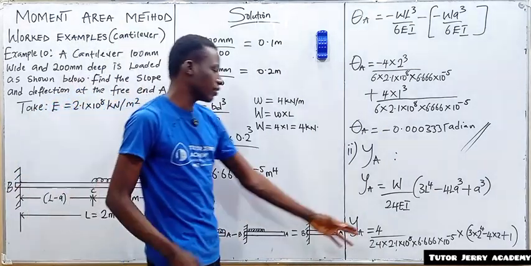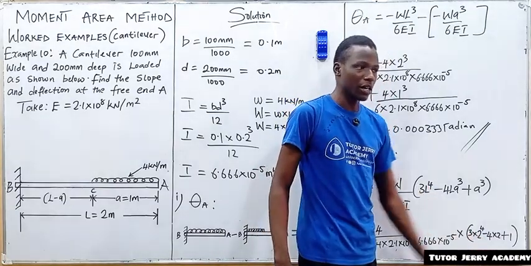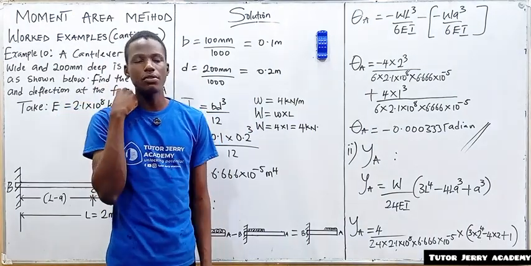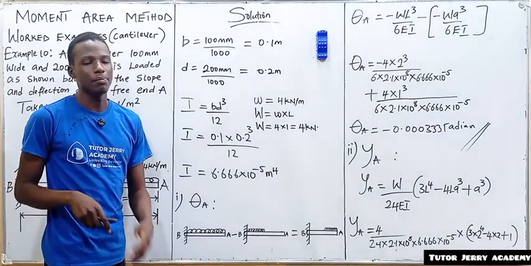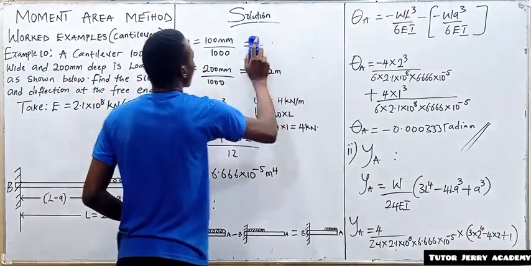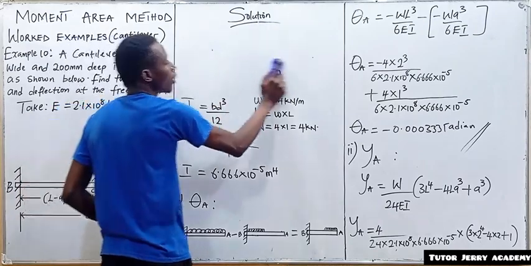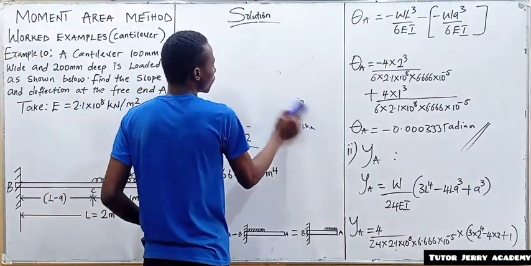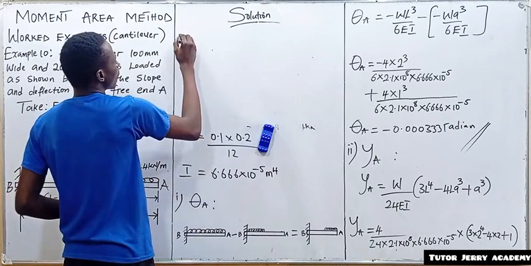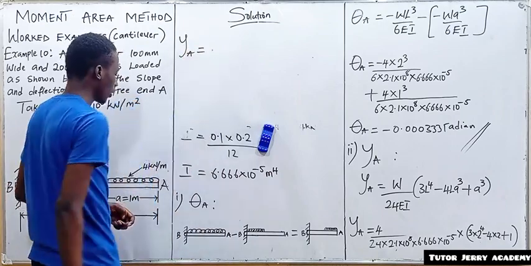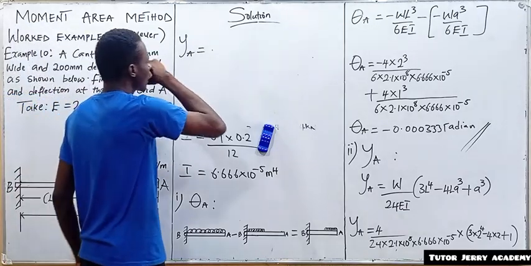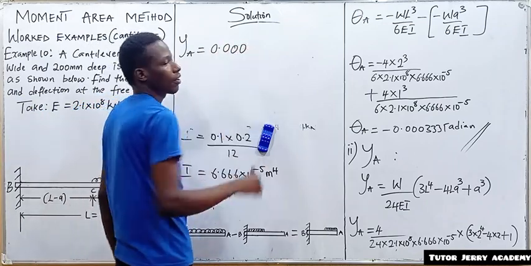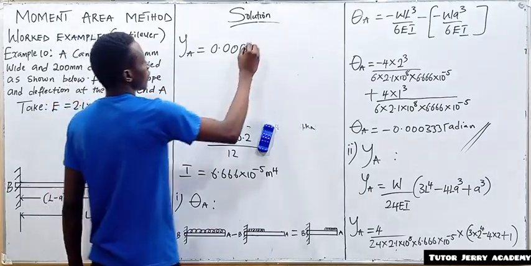If you divide this and multiply it with whatever you have from this bracket, you will discover that your result will be 0.000488 meters. Don't forget our result will be in meters before we convert. So we have YA, the deflection at point A, equals 0.000488 meters.